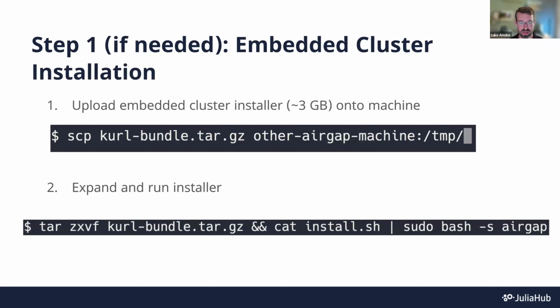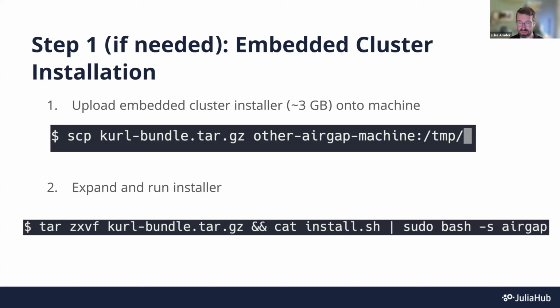Step 1, basically you will get a tar GZ or tarball file which is the embedded cluster installer. It's about 3 gigabytes. It's that large because of all the different operating systems that it has to support, and the different types of package installations it has for those.